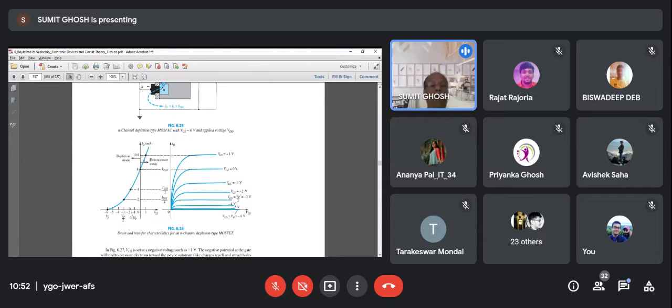This curve, unlike JFET, crosses this line. Now from the transfer characteristic, you see that to the left of the y-axis is the depletion mode, and to the right of the y-axis is the enhancement mode.